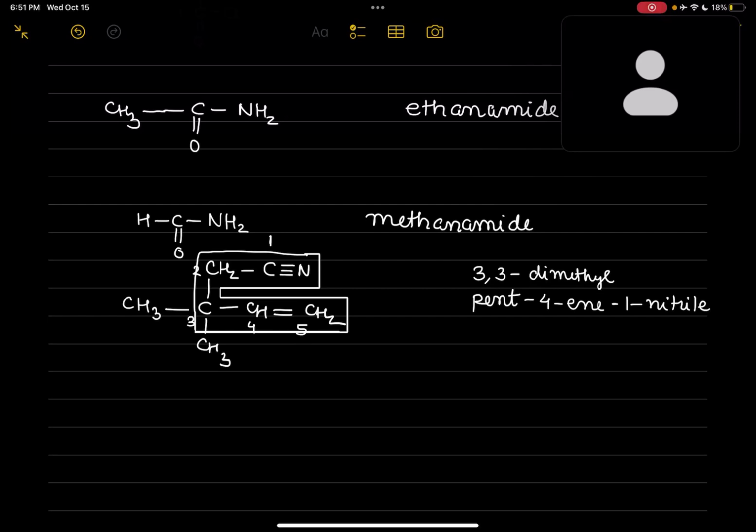Why is it dimethyl? Because on the third position you have two groups coming out of the main chain. If they are the same, we will not write them twice. We will use di, tri, tetra, but we should put the number, 3. Got it?